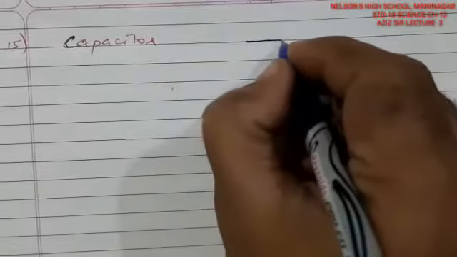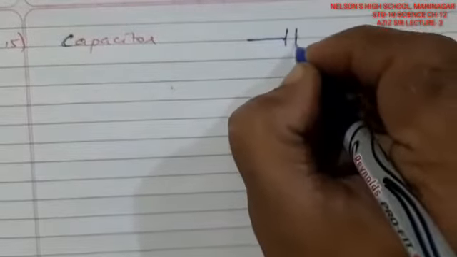There are a few more symbols also. We'll try to understand some of them, very few, like capacitors. Capacitor symbol is a line which is coming here and two cross lines are shown, that is called a capacitor.